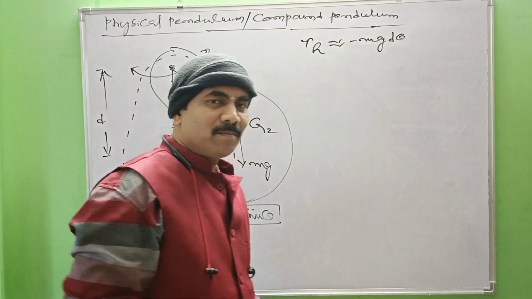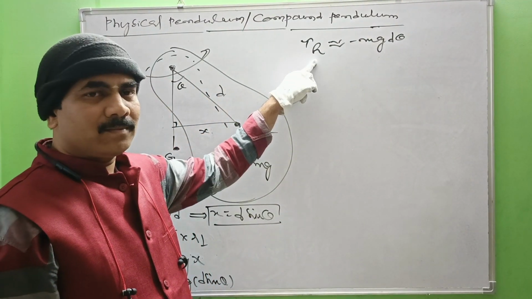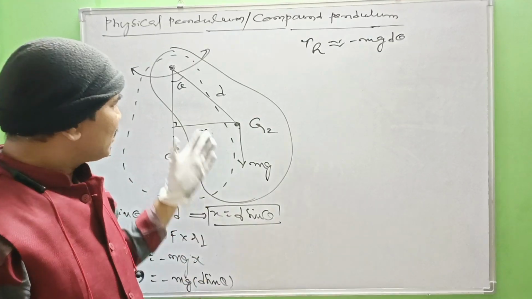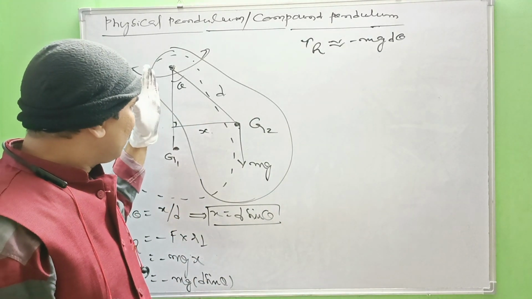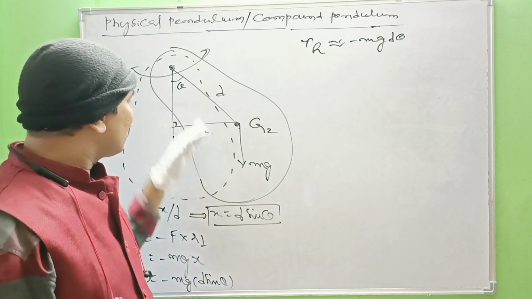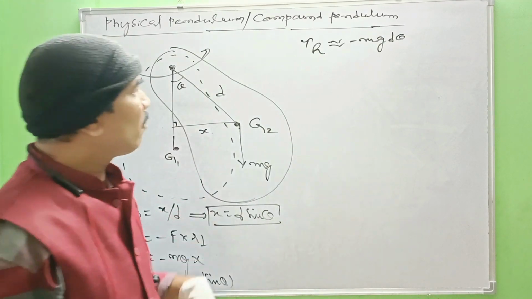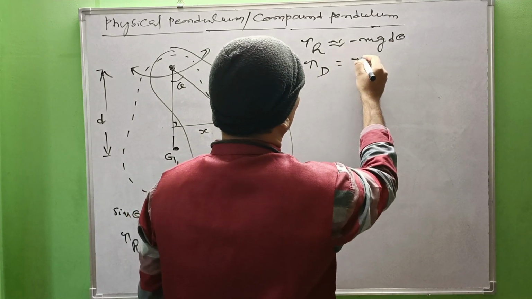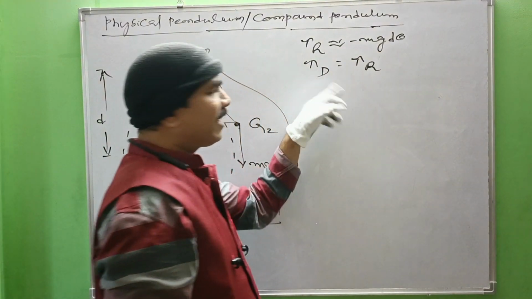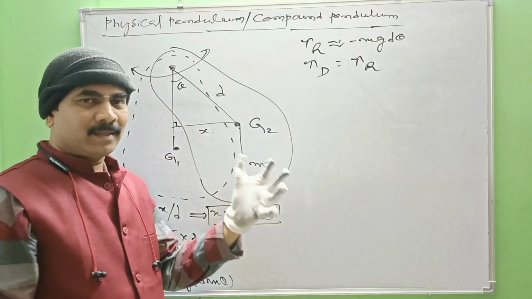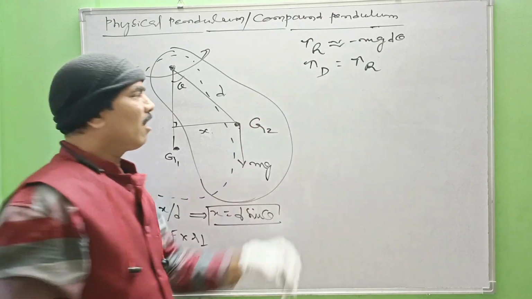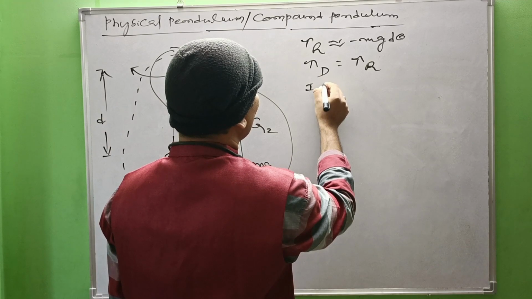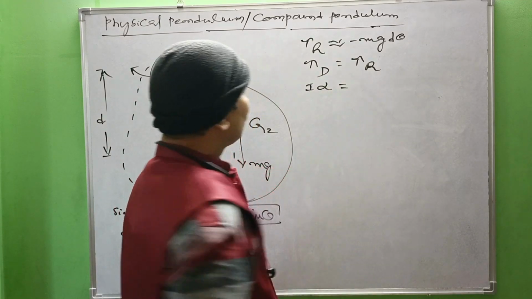Under equilibrium, restoring torque is numerically equal to deflecting torque. What is the torque which makes the rigid body deflect here? Tau equals I alpha. So tau deflecting equals tau restoring. What is the expression for tau deflecting? I alpha: moment of inertia of the rigid body into angular acceleration.